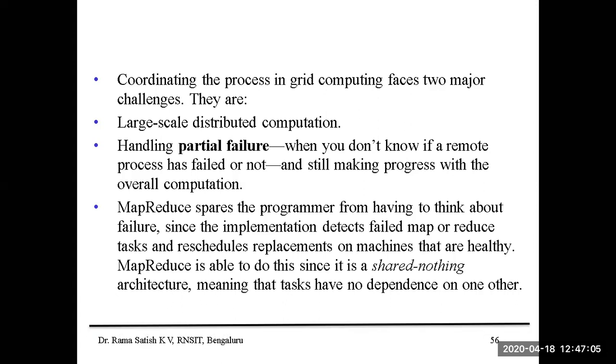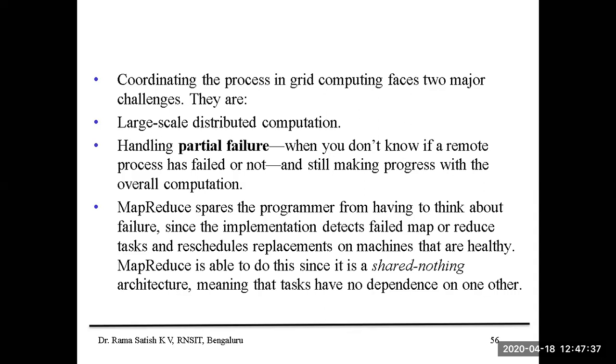Since the implementation detects failed MapReduce tasks and reschedules the replacement on machines that are healthy, and of course MapReduce is able to do this because of its shared nothing architecture. Everything is independent. The entire MapReduce architecture is a non-shared architecture.